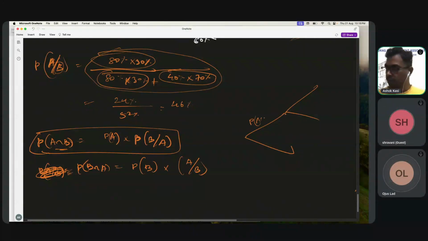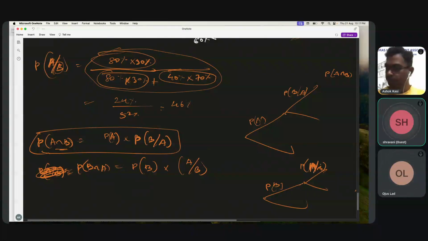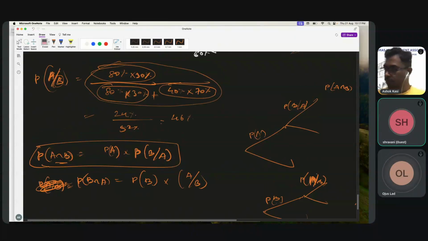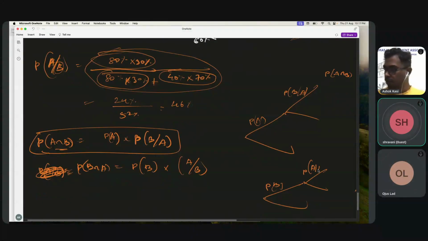So this is probability of A, this is probability of B by A, and this is probability of A intersection B. Or else I can also say this is probability of B, and this is probability of A by B, and then this joint one is probability of A intersection B. Finally, the total will remain the same, because whether the first action happens first and then the second, or the second happens first and then the first, total probability will remain the same.